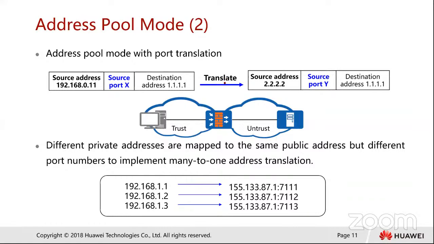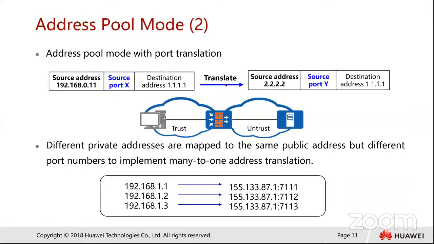Because address and port numbers are both translated, multiple users on a private network can share one public address to access the internet. And the firewall can distinguish users based on port numbers so that numerous users can access the internet at the same time.